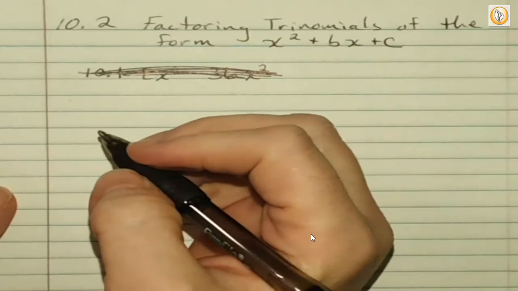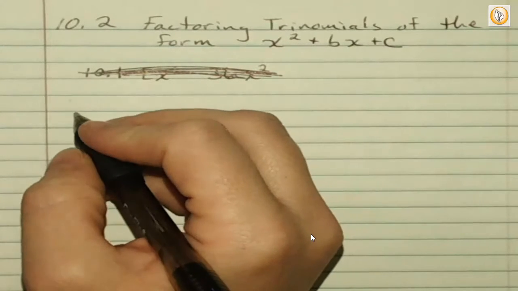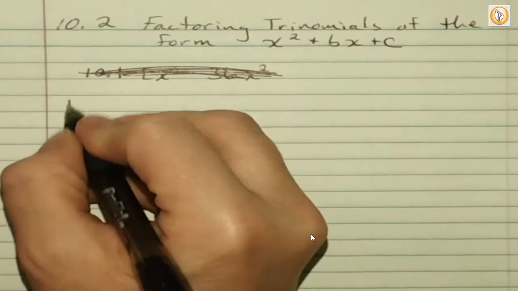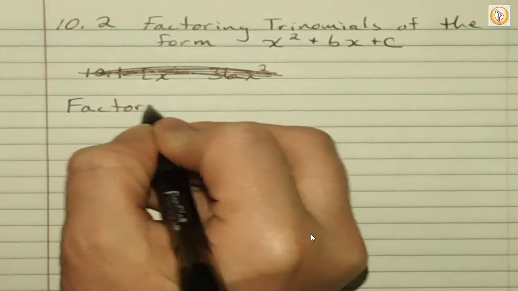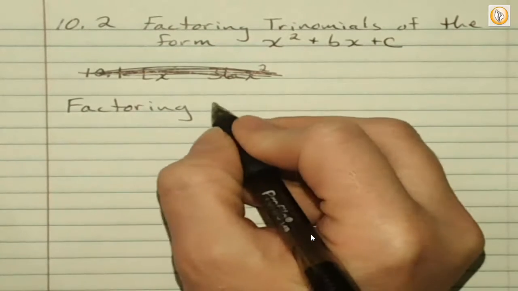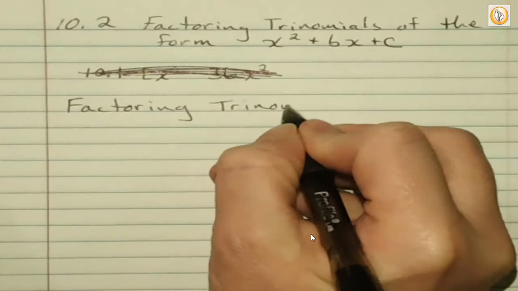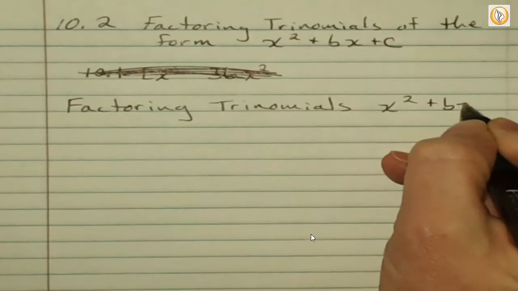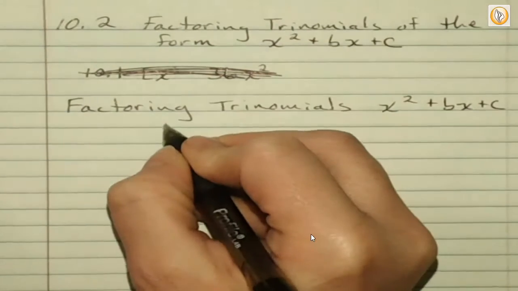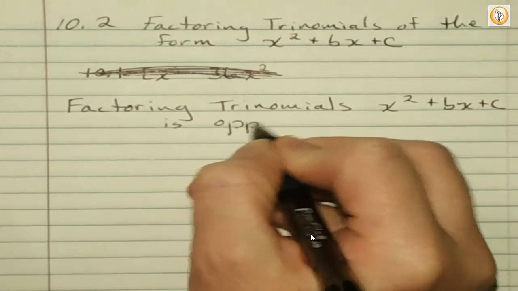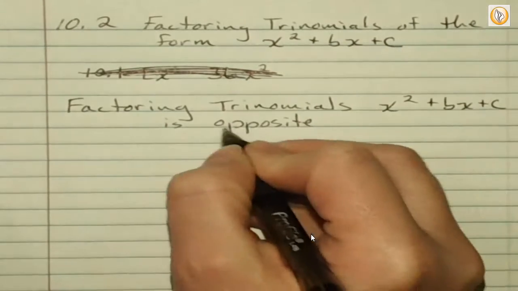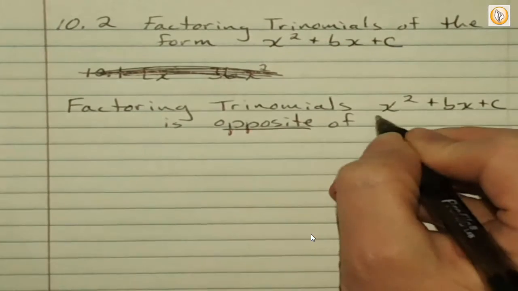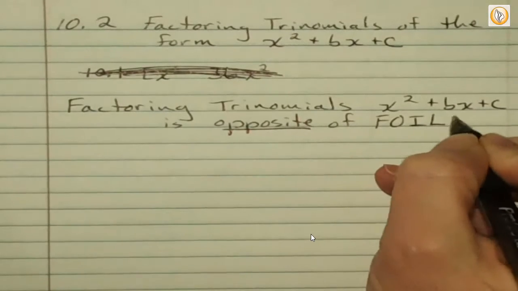Okay, so what we're doing today is factoring. What this means is x squared plus bx plus c is the opposite of FOIL. Remember FOIL?